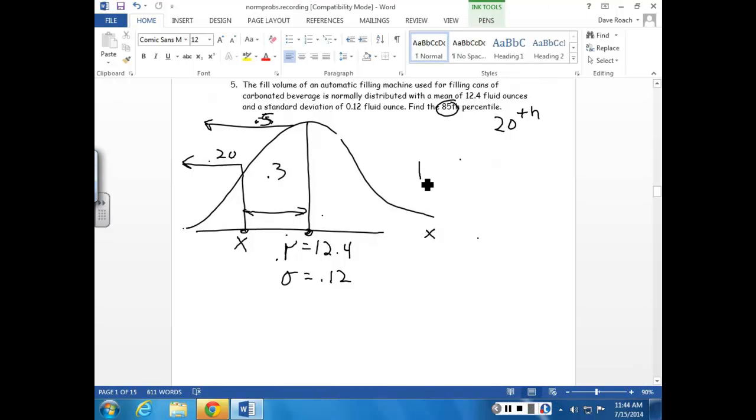So we're going to have the mean minus 0.84 standard deviations: 12.4 minus 0.84 times 0.12. And that's equal to about 12.3.